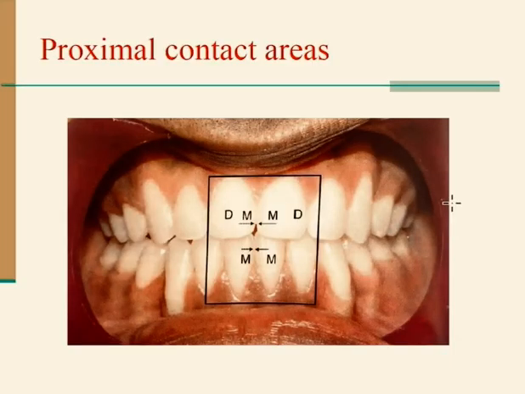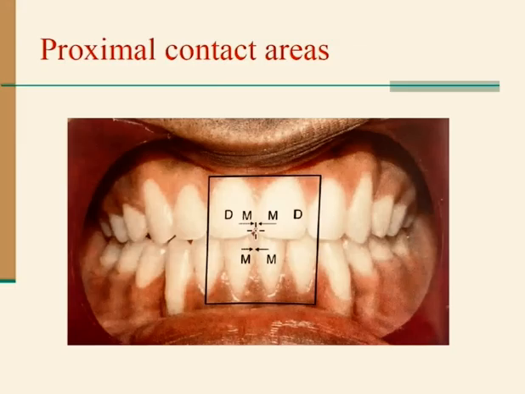So the contact areas become more cervically positioned when moving away from the midline. This is a very important one. Number two, the distal contact area is always more cervically placed compared to the mesial contact area, and this is a general rule, which means it applies to all the teeth.